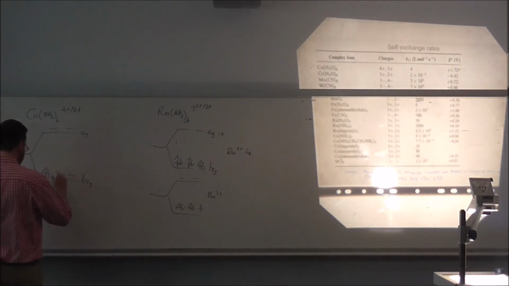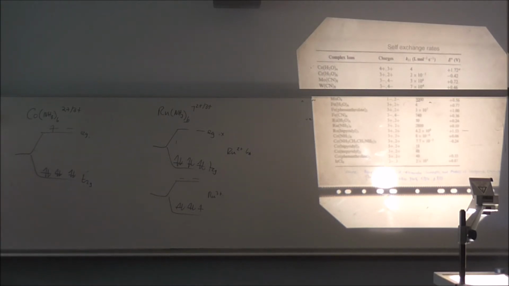So cobalt 0 is d9, cobalt 1 is d8, cobalt 2 is d7, yes. Of course it has to be, that is the logical electron configuration. Now what is cobalt 3? Without the eg.